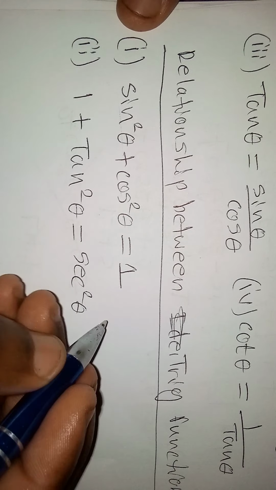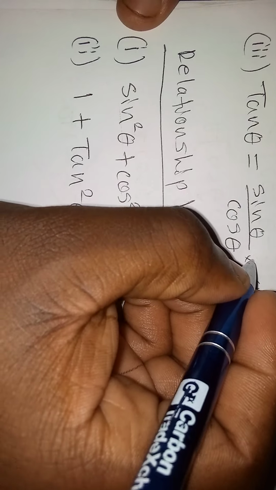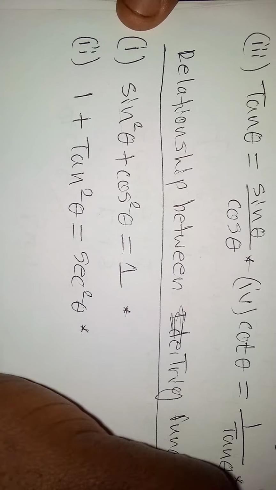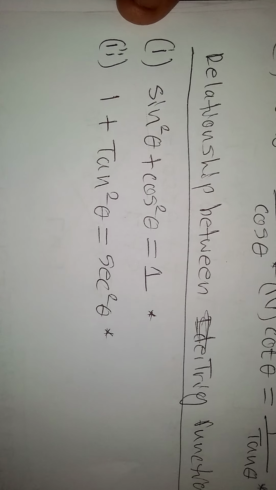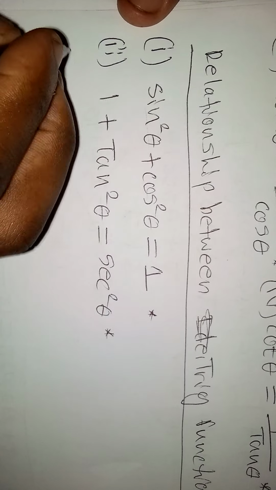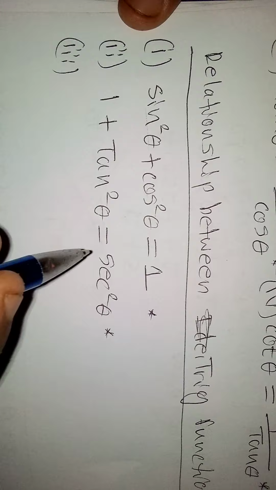Okay, so this is the relationship that exists. I'm putting these stars, meaning that you have to remember or memorize this.